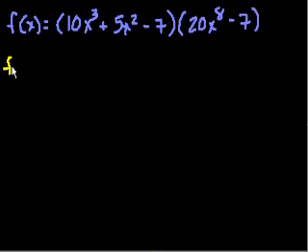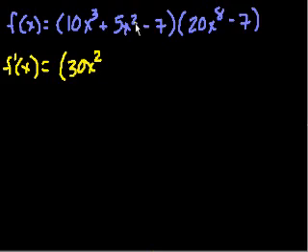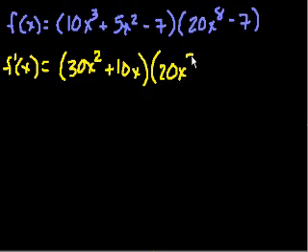So then we say f prime of x. What's the derivative of this first expression? Right, it's 30x squared plus 10x. And I just multiply it times this expression, right? 20x to the 8th minus 7.